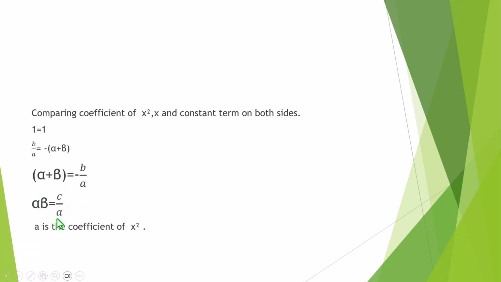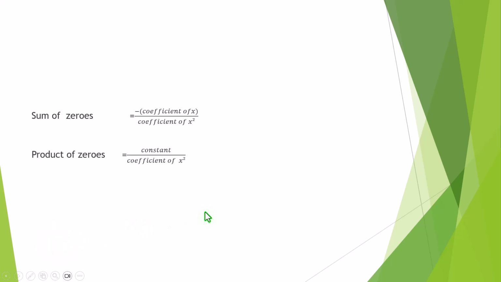Alpha into beta is equal to c by a. Here a is the coefficient of x square, which means the sum of zeros is equal to minus the coefficient of x upon the coefficient of x square, and the product of zeros is equal to the constant term by the coefficient of x square.